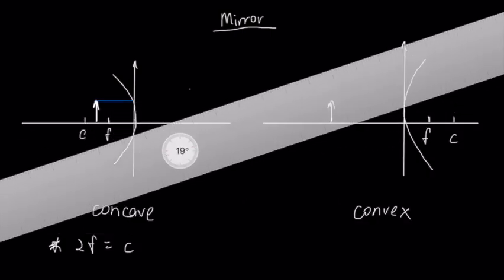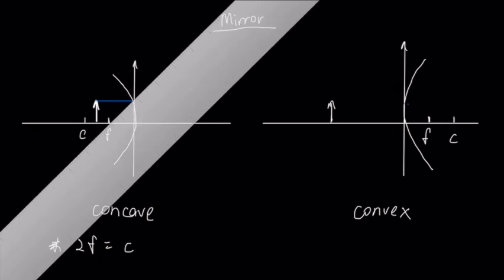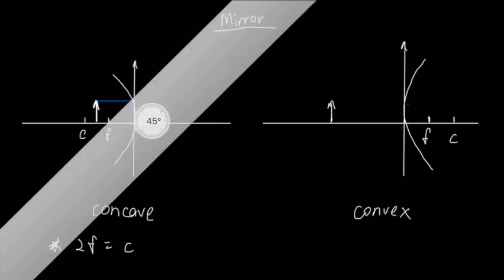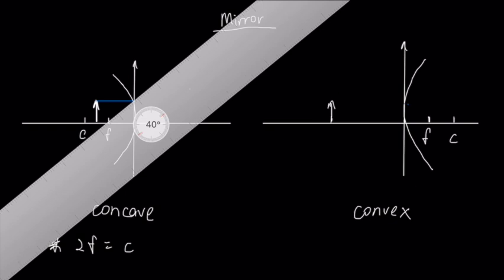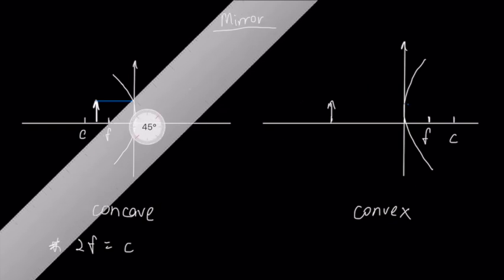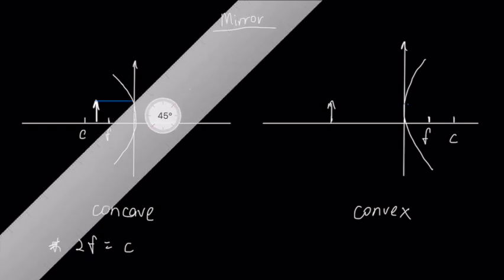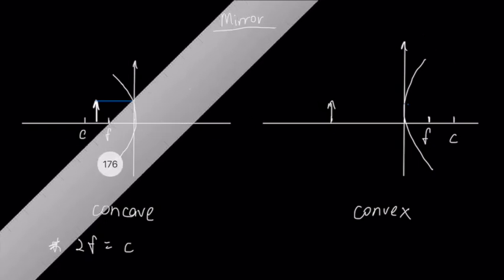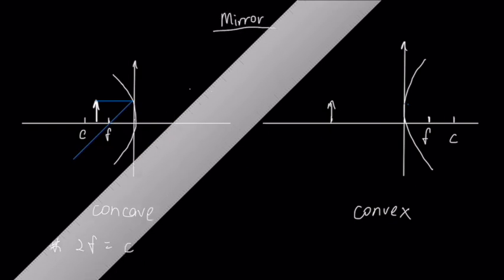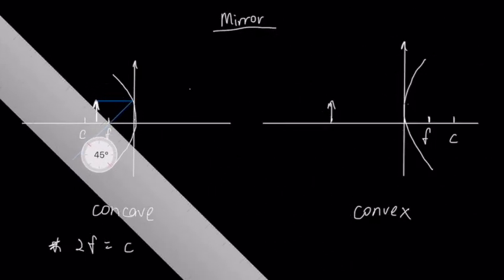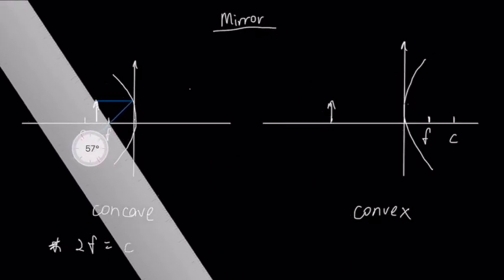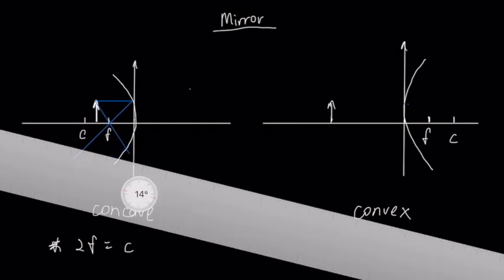Firstly to here, secondly it reflects back to the point. It's okay, I guess. And then after that it goes through the point, and then after that back out.